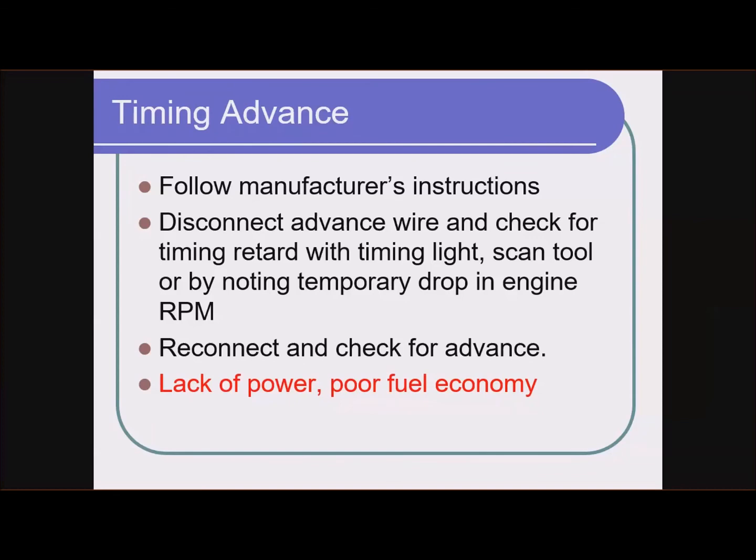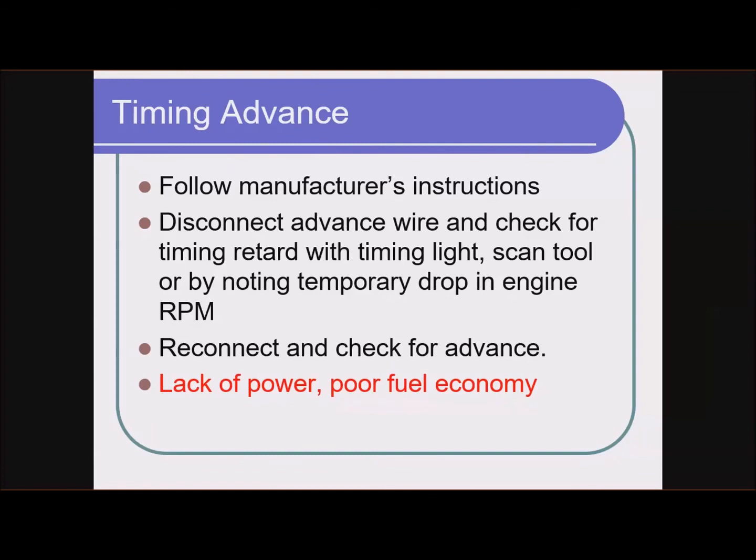I keep it in here because it's a reminder that retarded ignition timing, or timing that's not advancing properly, can cause two symptoms: a lack of power and poor fuel economy.